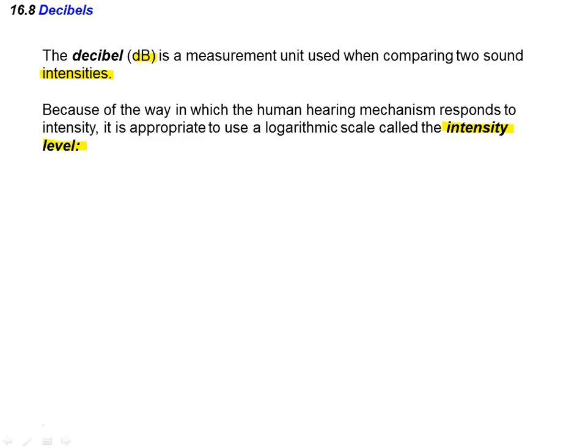So when we're talking about intensity level, that is not the same thing as the sound intensity. Sound intensity is I, that's the power per unit area. Intensity level is measured in decibels.